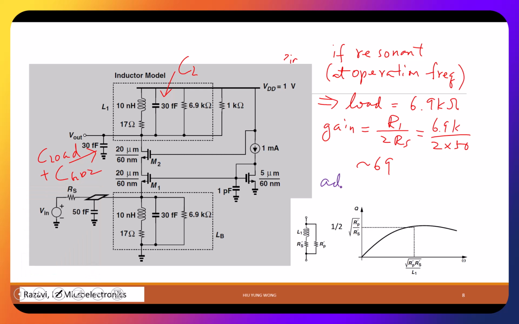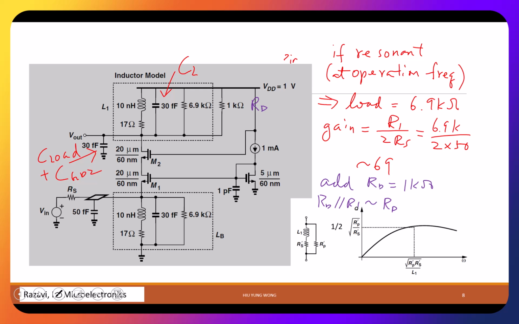Now, what do we do? We add this RD. RD equals 1 kilo ohm. Because it is small, RD parallel R1 is approximately equal to RD. Very large parallel very small, the small one will dominate.